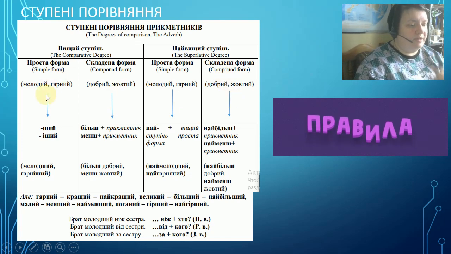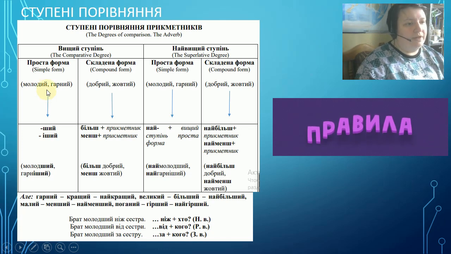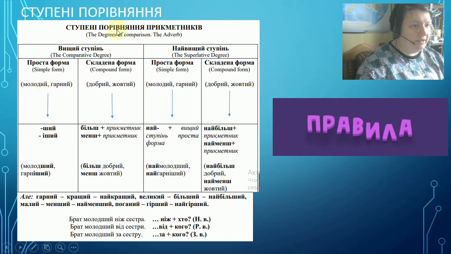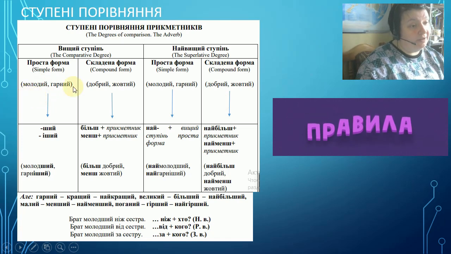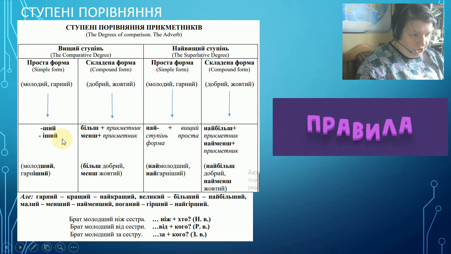So, for example, let's look through the simple form of the comparative degree. Проста форма вищого ступеня. The adjectives молодий, гарний, young, beautiful. So, to form the simple form, we need to take away the ending and put ший, іший.